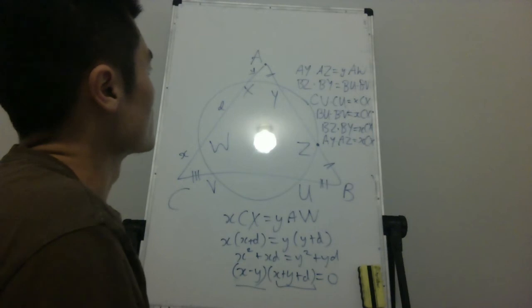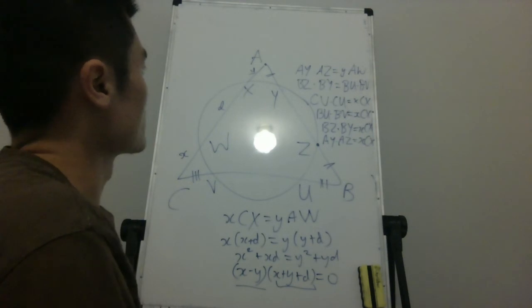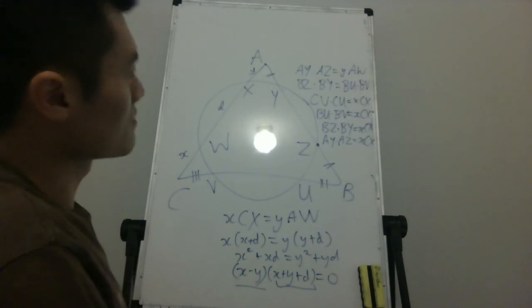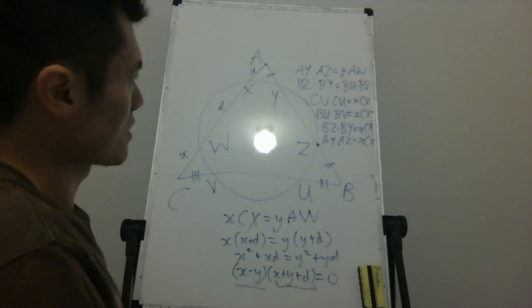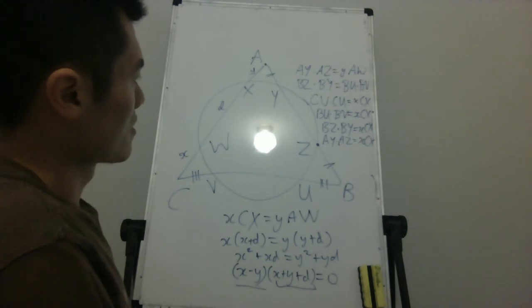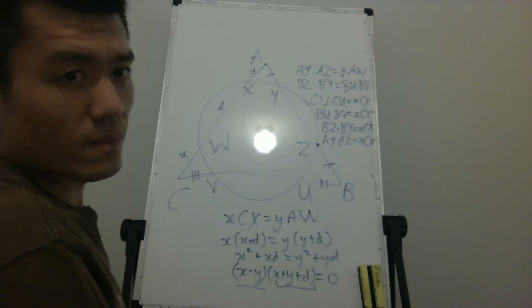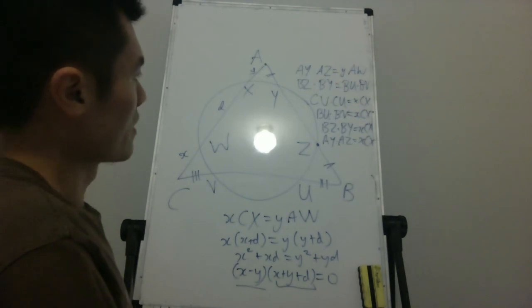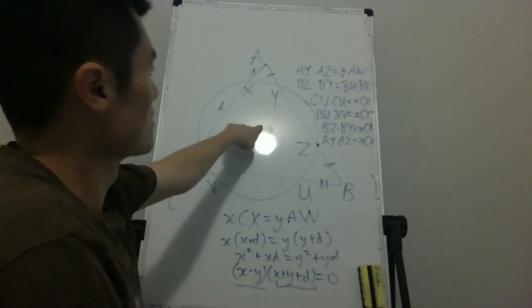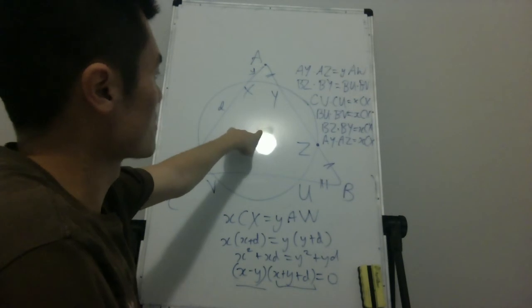And if you learn a little bit more about power of a point, you'll know that points with equal powers of a point lie on a circle, and they lie on a circle that has the same center as the original circle.